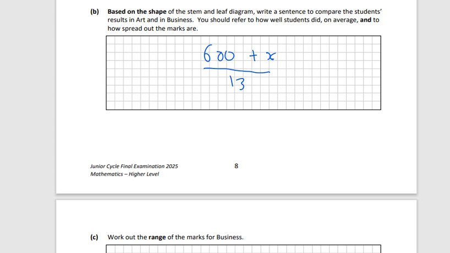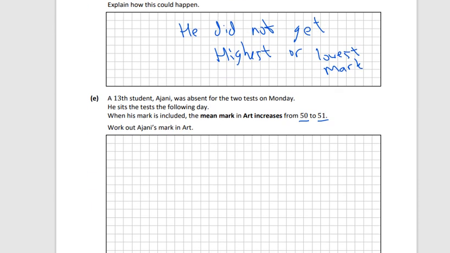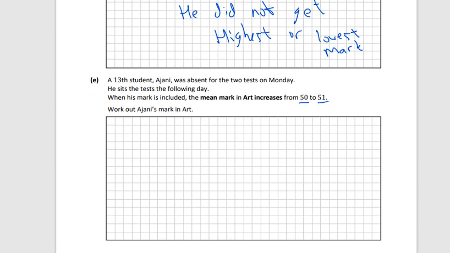So 600 plus X over 13. Well, that then has to be equal to 51.